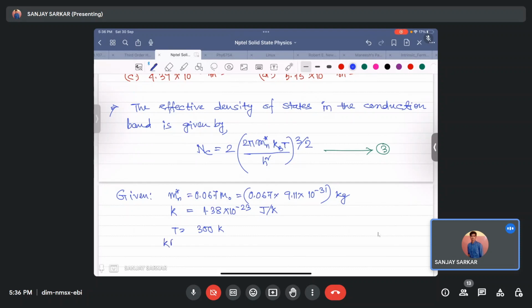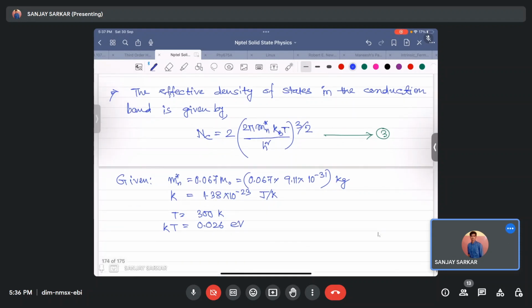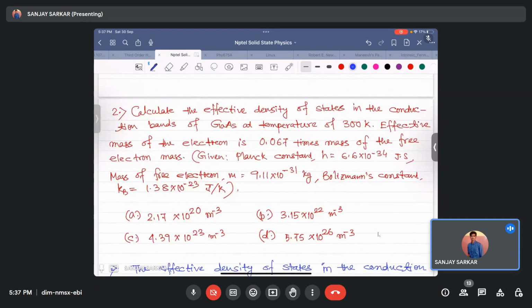So kT is 0.026 electron volt. I already told that if T is 300 Kelvin, then kT is equal to 0.026 electron volt. But I don't think it is needed here because everything is in joule. And h is 6.6 into 10 to the power minus 34 joule second. So these constants are given in the question.